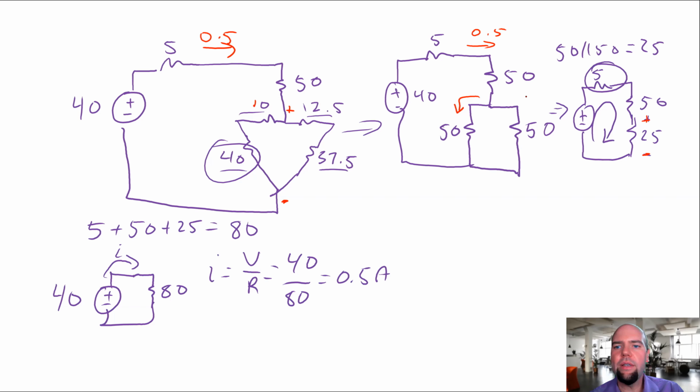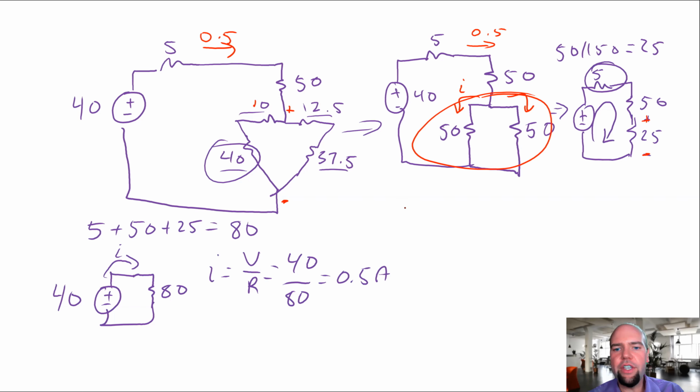Some of it goes here and some of it goes here. But we have a known current, 0.5 amps, that is flowing into this parallel combination of a 50 and a 50. So we can use current divider to find how much of that current is flowing through this branch. Now, because they're the same value, it's fairly straightforward here, but let's pretend it's not straightforward. Let's use current divider to find the current through this 50 ohm resistor here.